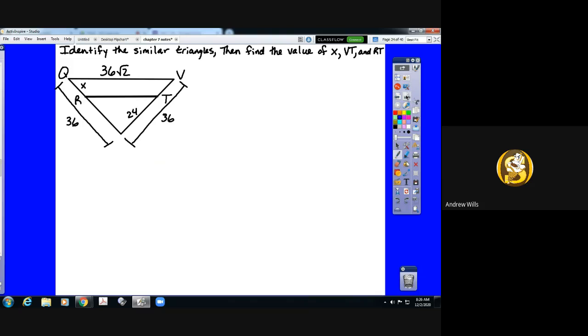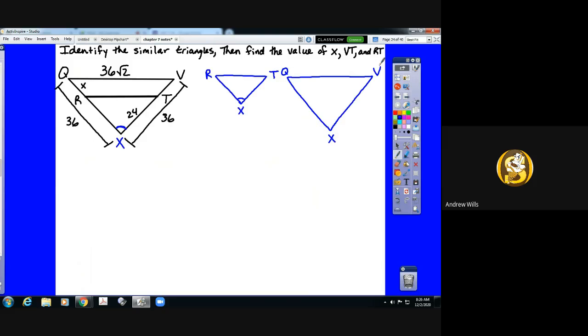So we've got this angle here, and we don't have a letter, so we need to add a letter. Let's call that point there X, because it doesn't have a letter. Okay? The little triangle is XRT, and the bigger triangle is XQV.